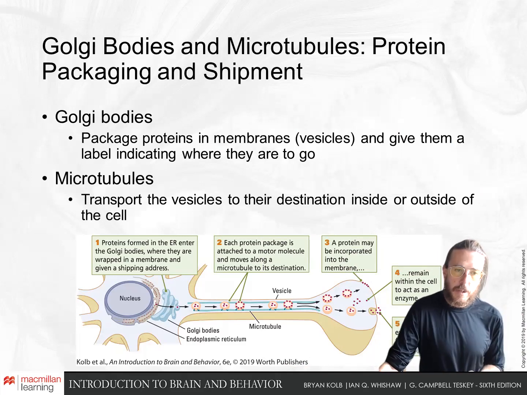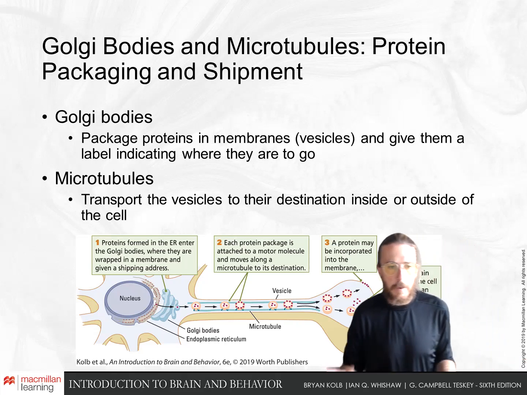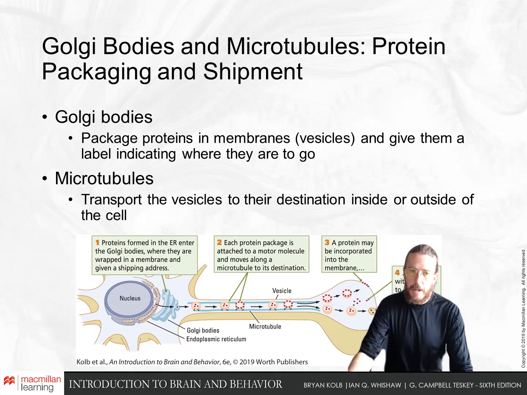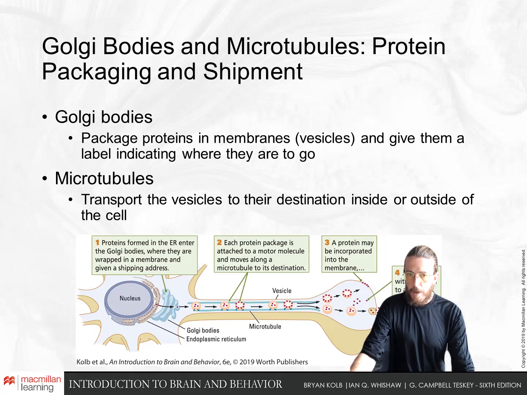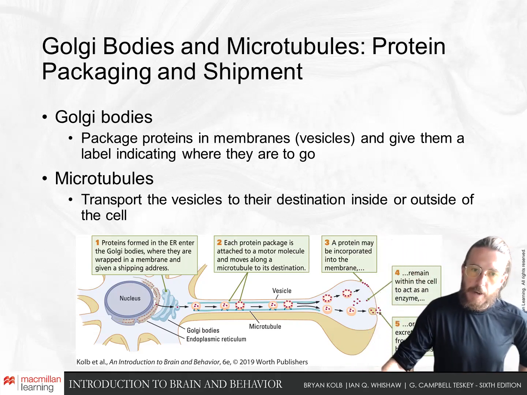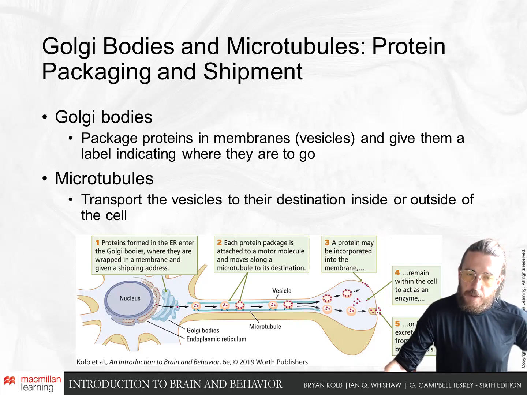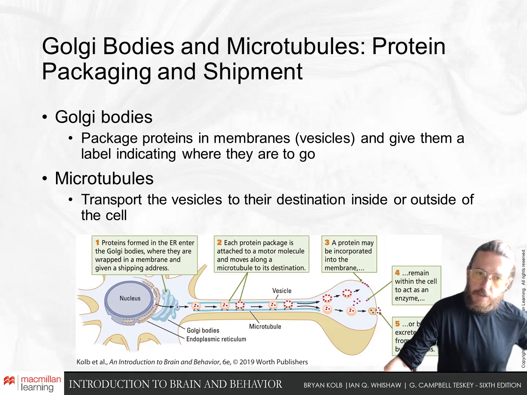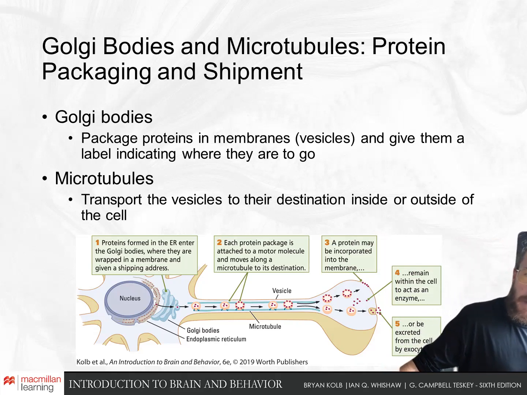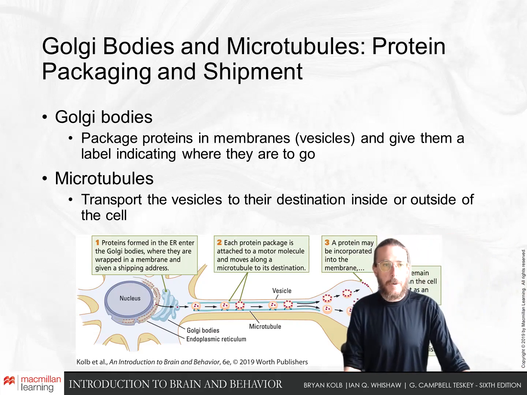And the small vesicles filled with those proteins can then travel down the microtubules throughout the cell and get to the destination. And at the destination, they could either be incorporated into the membrane, like these spike proteins that are created from the mRNA and the vaccine. They can remain in the cell and act as an enzyme to increase the productivity of certain reactions, or they can be excreted from the cell out into the extracellular fluid.